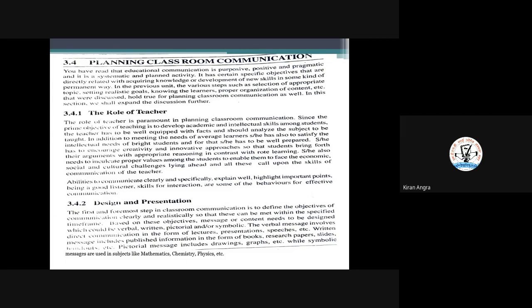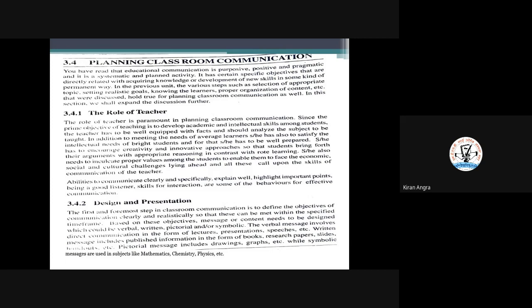So on the basis of the objectives, the content needs to be designed, and you all know the content can be in verbal form, written, pictorial, or symbolic. Verbal messages involve direct communication in the form of lectures, presentations, speeches, and talking to the students, while written includes books, research papers, slides, and handouts.